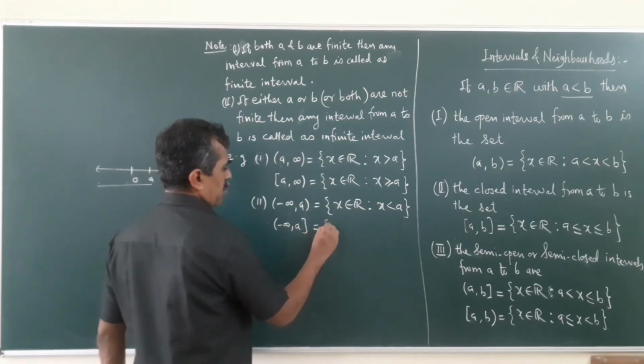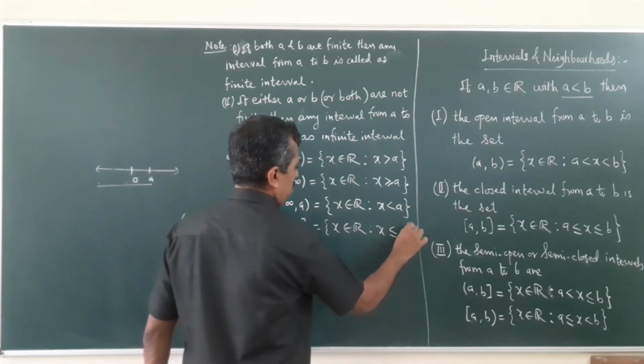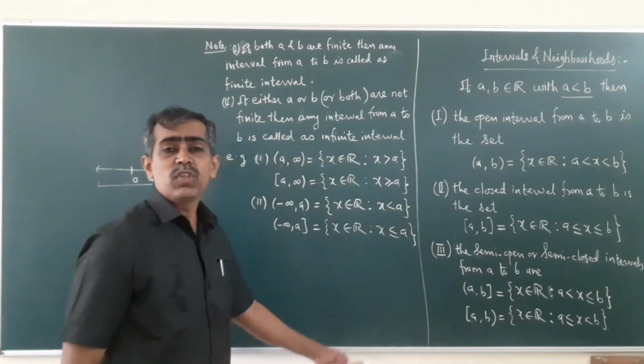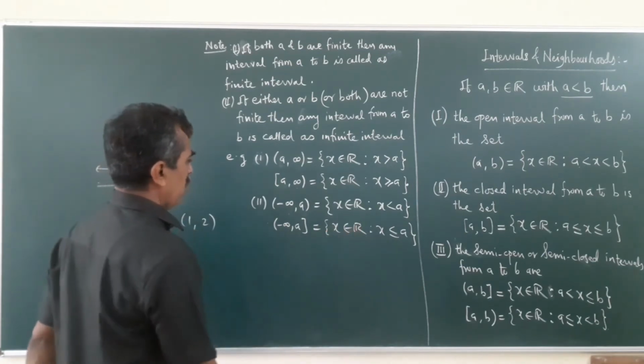The set of all x belonging to R such that x is less than or equal to A. All those real numbers on the real line which are less than or equal to A.